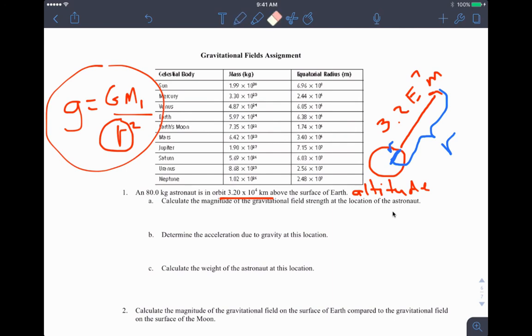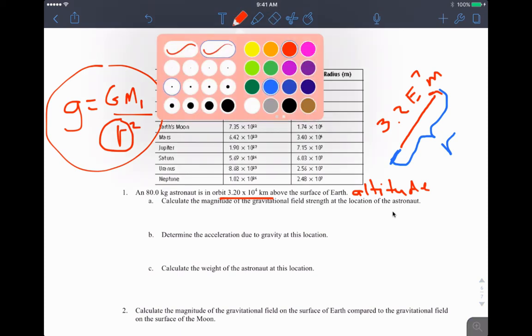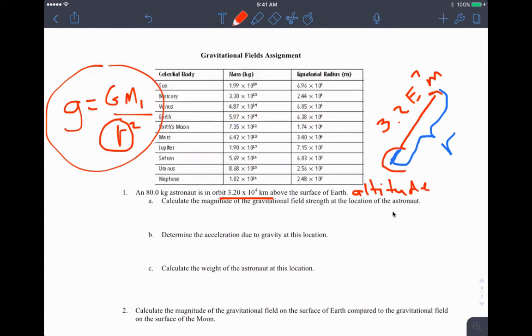Sorry to confuse you with that. So you will need to take the 3.2 times 10 to the 7th meters and add to that the radius of the Earth, which is right there, 6.38 times 10 to the 6th meters. Doing that carefully will let you solve for g.